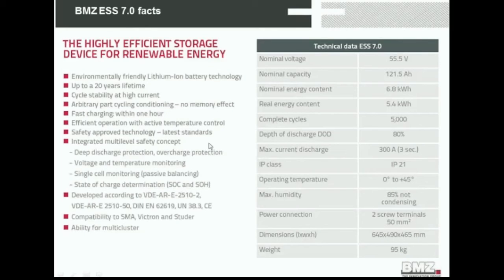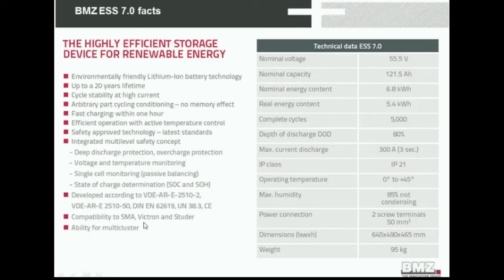Integrated multi-level safety concept, of course, we talked about that before. We have balancing, voltage monitoring, SOC algorithm, SOH algorithm, compatible, for example, with SMA Sunny Island, Victron, Studer, Steca, others around. Ability for multi-cluster, yes, we have that.